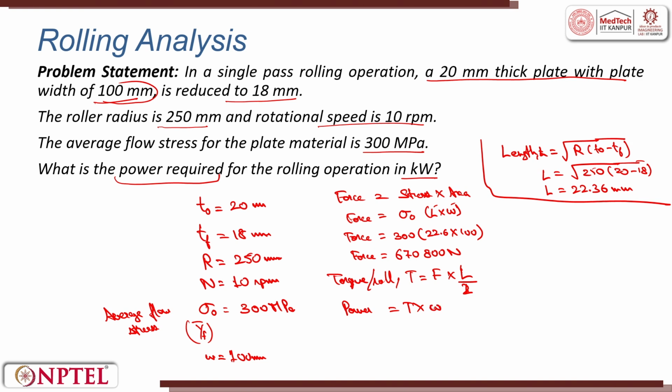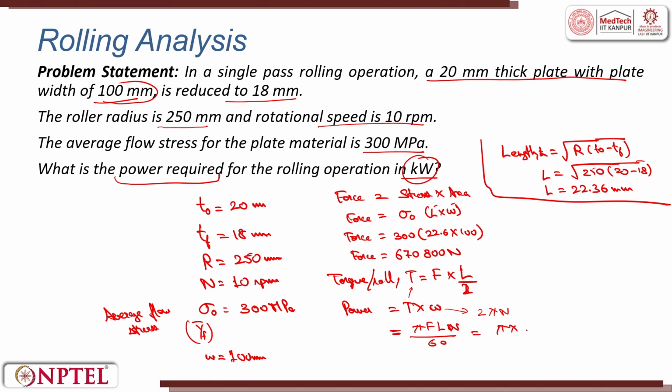This is omega, where omega is 2 pi n, and torque we can get from here, which means my power is equal to pi into F into L into n by 60 because we need to find the final value in kilowatts. So it is rotation per minute. I'm just converting it.